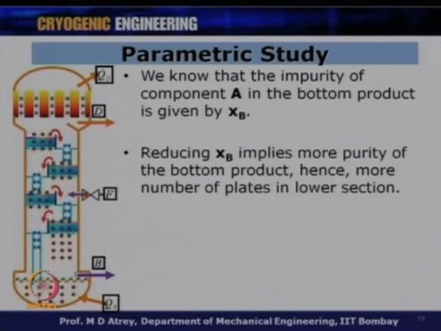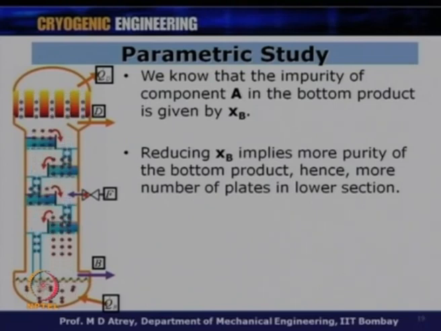Similarly, if I want to decrease the value of XB to 0.02, 0.03, my number of plates required would be more, because I would like more heat transfer interaction between the vapor going up and the liquid coming down. More and more condensation and boiling should happen, and therefore this will result in more and more plates.